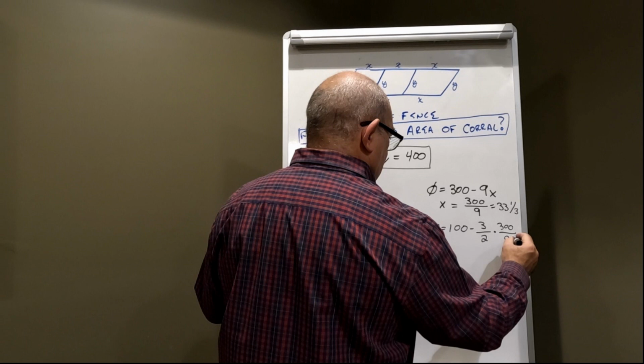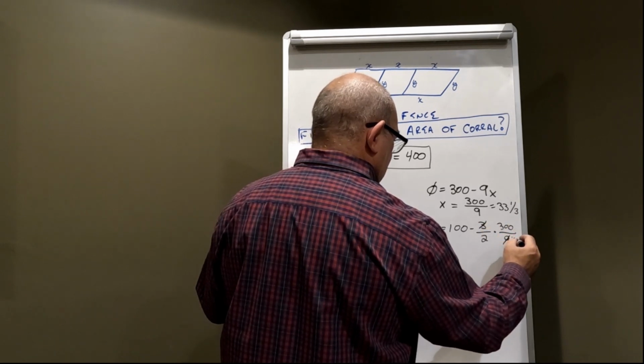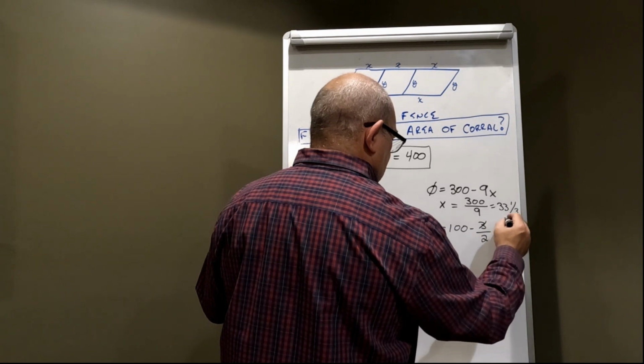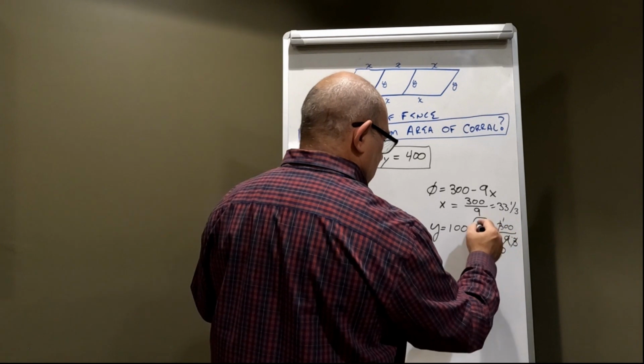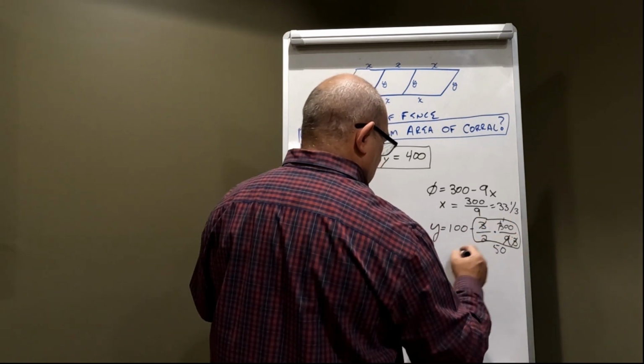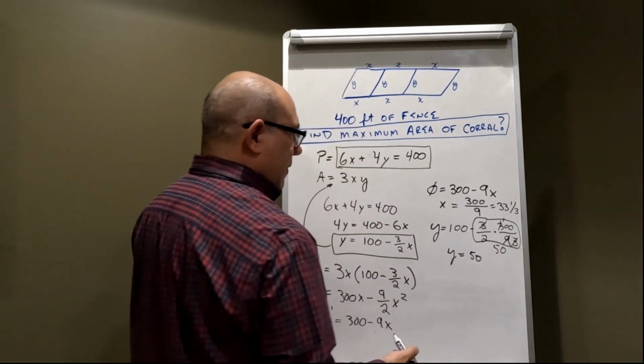And this cancels to 3, this cancels to 100, this cancels to 50. So this reduces down to 50. So y equals 50. 100 minus 50 is 50.